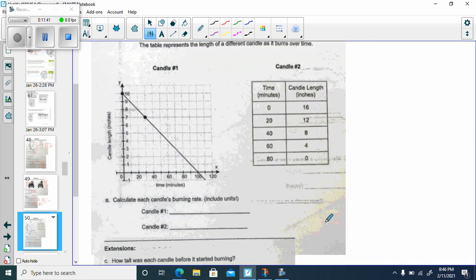Well, let's see. Burning rate on this one. Our rate of change, our m, which is change in y over change in x. Rise over run. I've got 2 points here. Let's draw us a right triangle. Okay, I'm going down 1, 2, 3 inches. I'm going down 3 inches because this is inches. I'm going down 3 inches over what length of time?